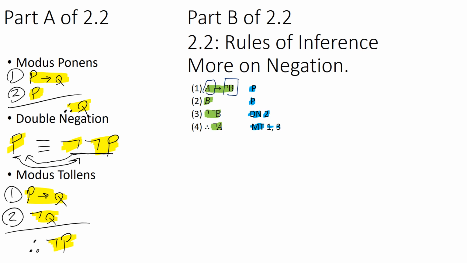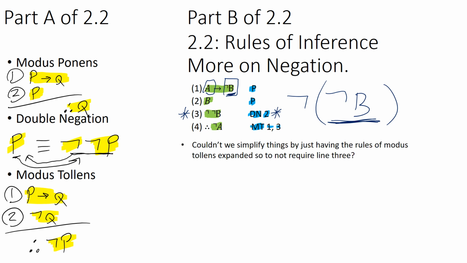So the consequent right now is just not B. To deny it, we have to have a negation there. We have to deny this, so we need the statement not not B in order to do that. So this line 3 is really important in our argument to reach that conclusion, not A. We have to explicitly state that we are denying not B because we have the statement not not B.